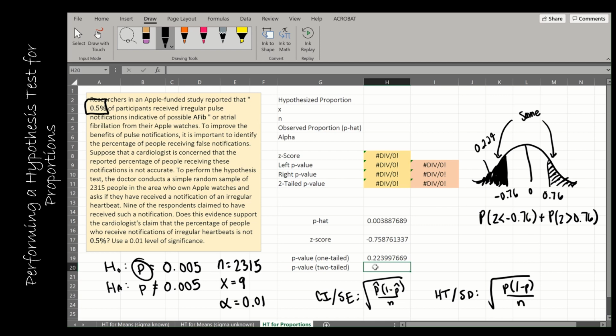And then I'm just going to take that times 2, because the probability on the right is exactly the same. So now I have all the area of the entire shaded region, which is the probability.